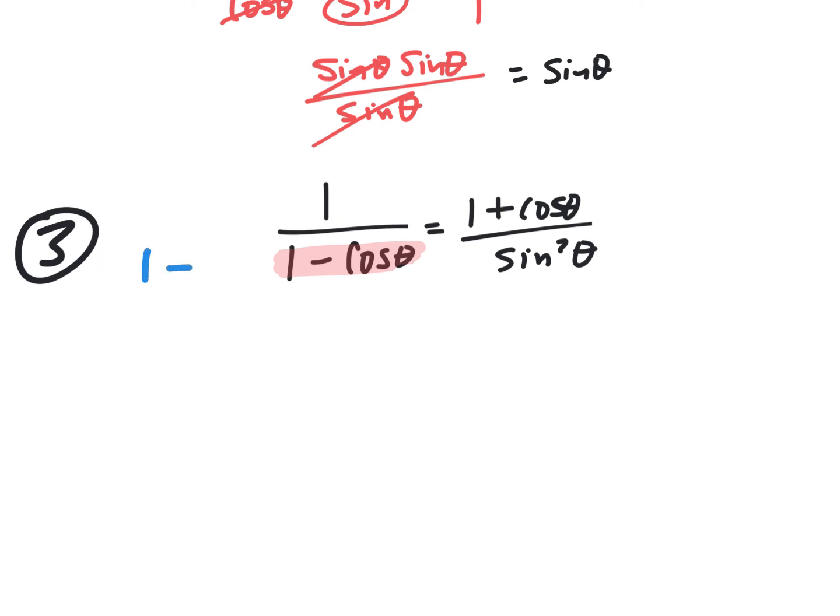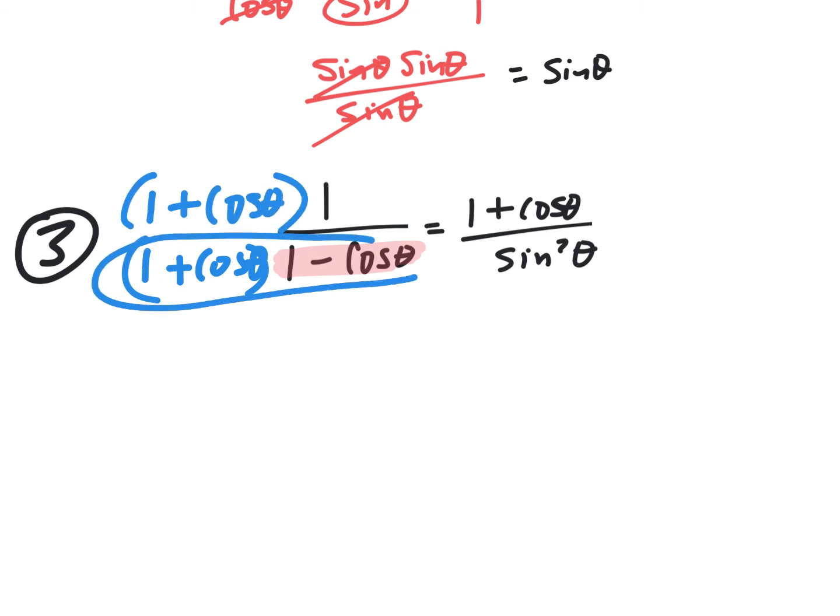All right, the conjugate is 1 plus cosine. It's as simple as that. But the magic that happens when you multiply on the top and the bottom by the conjugate is that the bottom becomes 1 minus cosine squared, which should ring a bell.